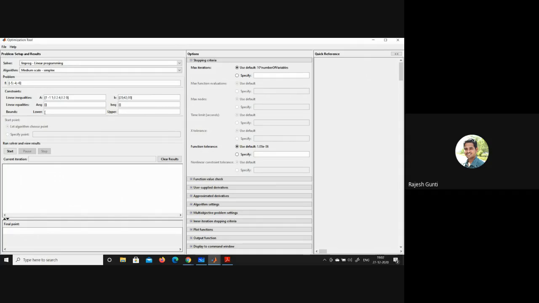The lower bounds: zeros of 3 comma 1, 3 rows, 1 column. If you have any doubts, you write down.